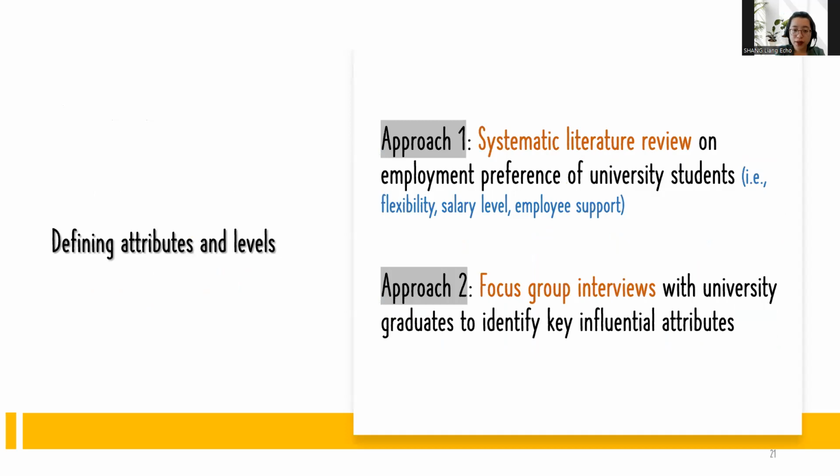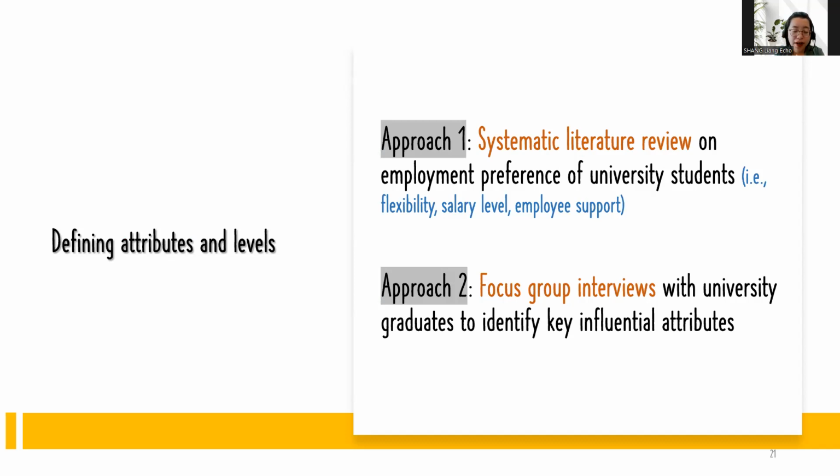To identify attributes and attribute levels that we will use to describe different job opportunities, there are 2 major approaches. The first approach is that we can rely on a systematic literature review. We can look at prior literature and prior studies and see what they have identified as important factors in employment decisions and employment choices of university students.